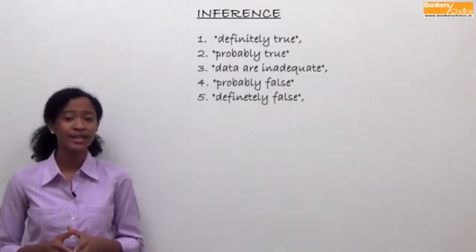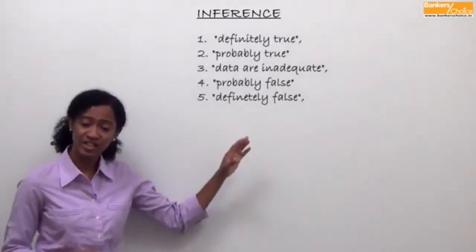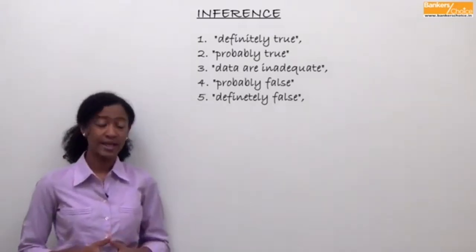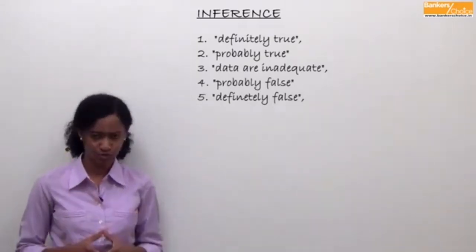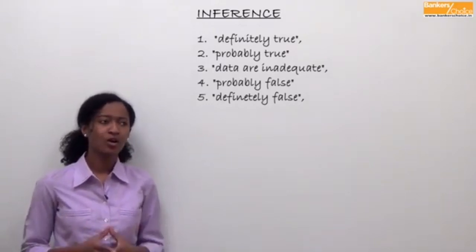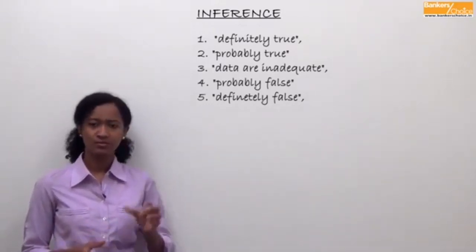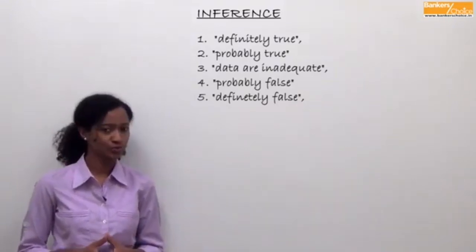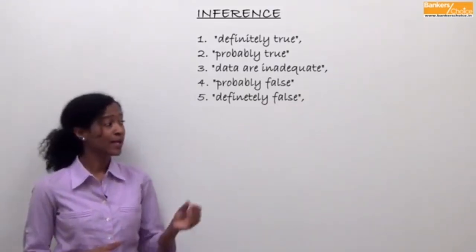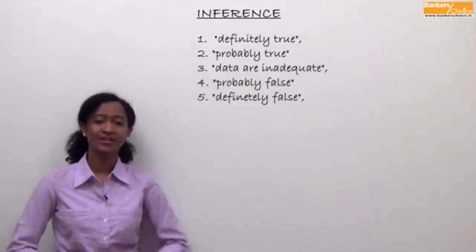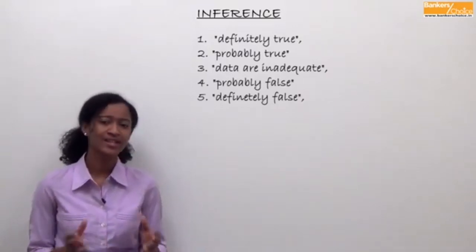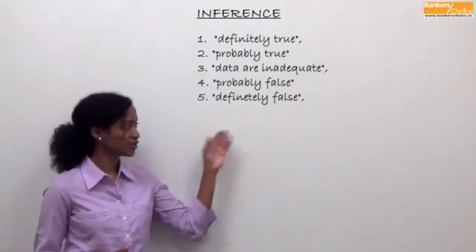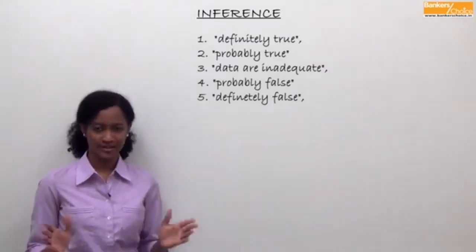So for example, if the statement inferred is definitely true based on the facts from the passage, I will click option 1. If the statement is probably true, right, we don't have all the information but slight or relevant information is available, then we will click option 2. Now, if the statement given wherein the data is inadequate or insufficient, we need some more information, then we will click option 3, data inadequate or insufficient.